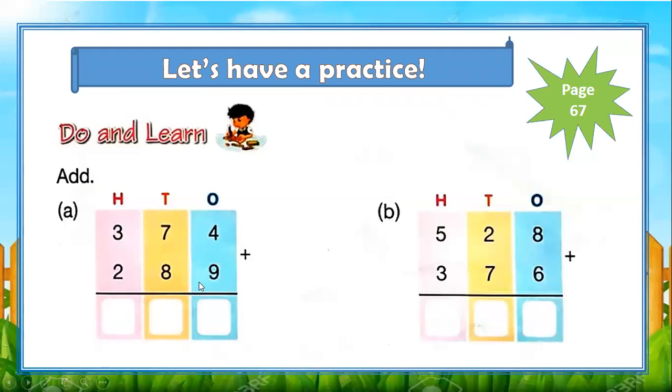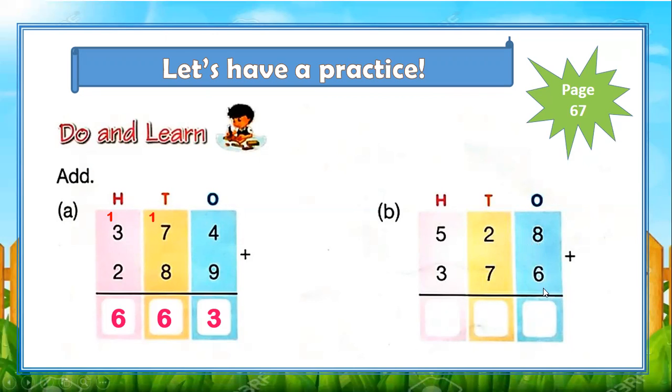So let us add 374 plus 289, and it will give us the sum of 4 plus 9 is equal to 13, carry 1. 1 plus 7 plus 8 is equal to 16, carry 1 here. 1 plus 3 is 4, plus 2 will give us the sum of 663.